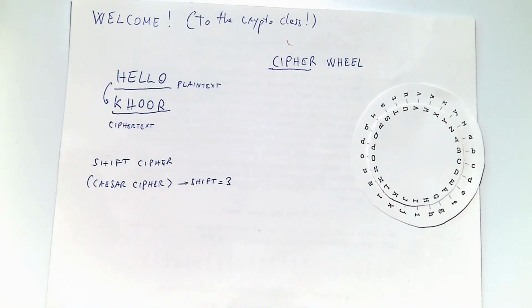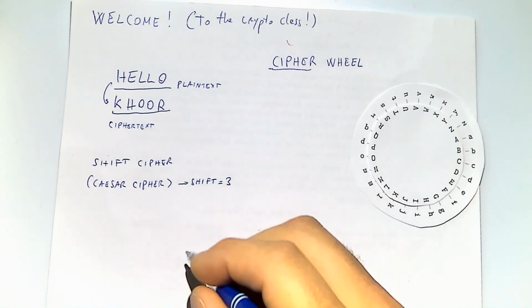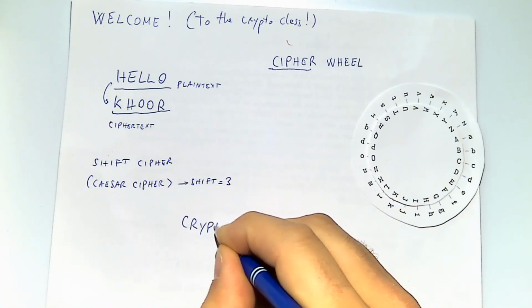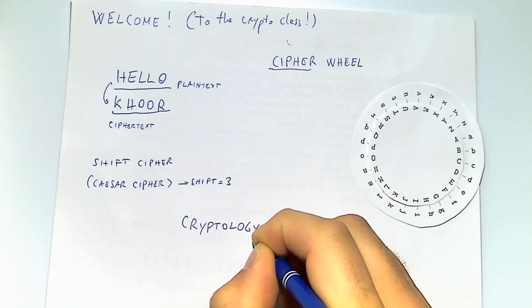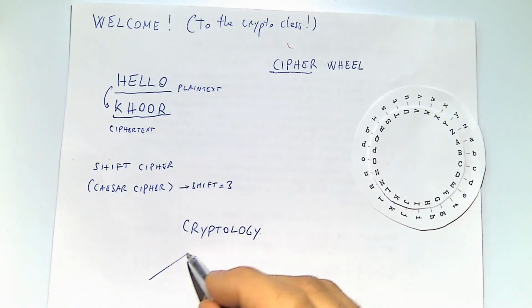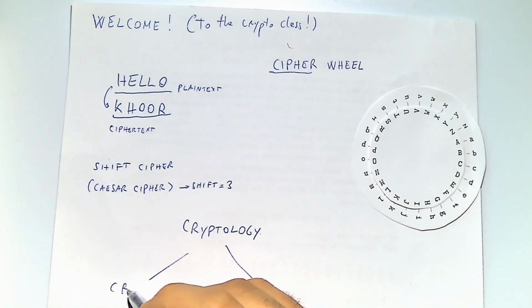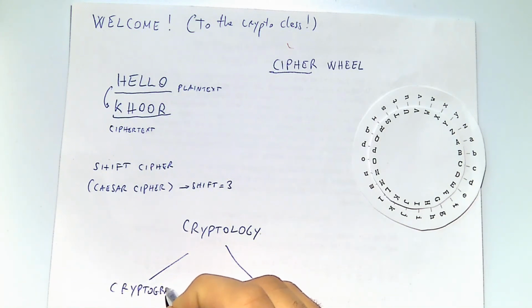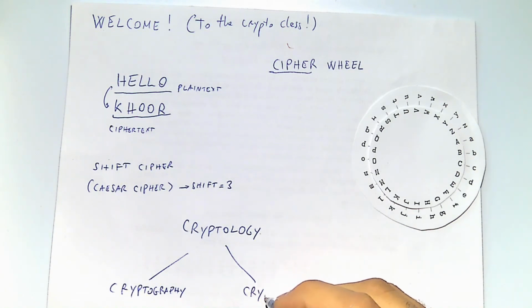Okay, so in general, we think about cryptology as being comprised of 2 very different areas. One is cryptography itself, and the other one is called cryptanalysis.